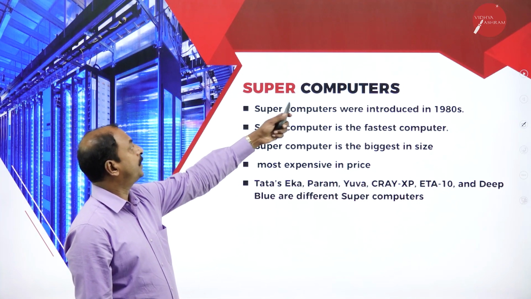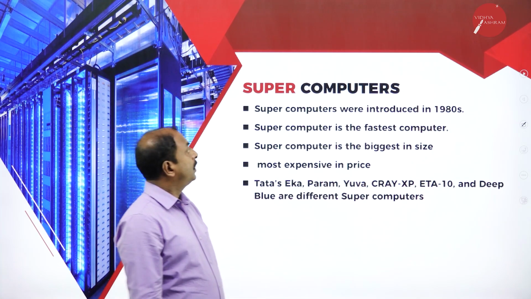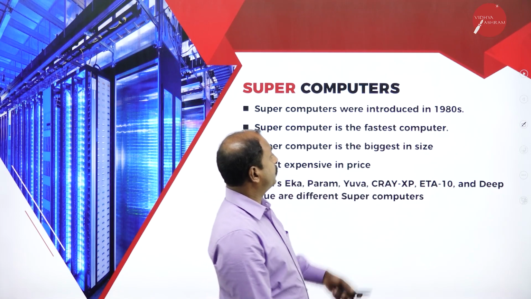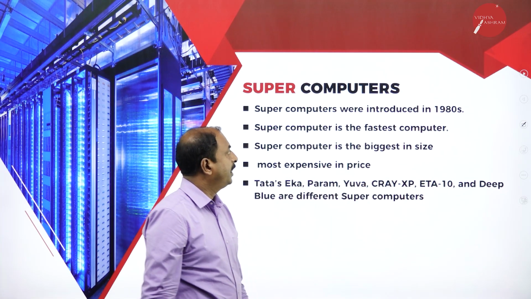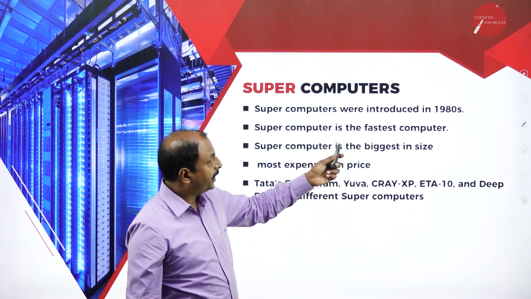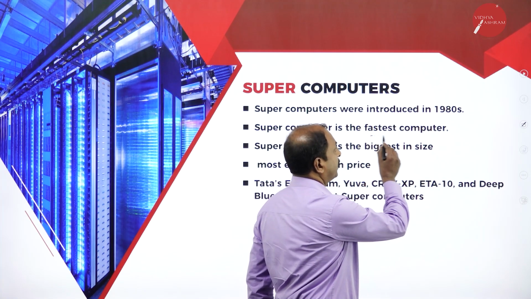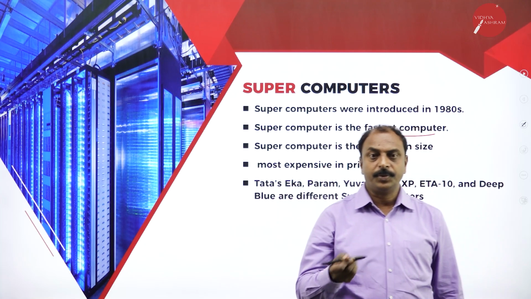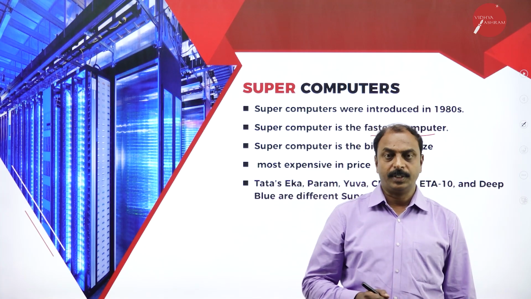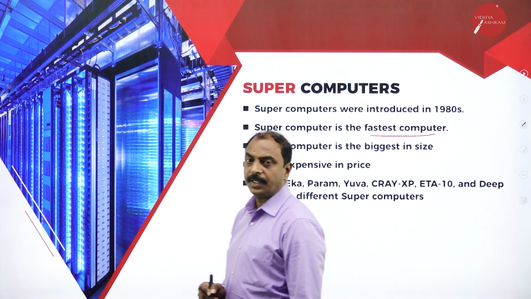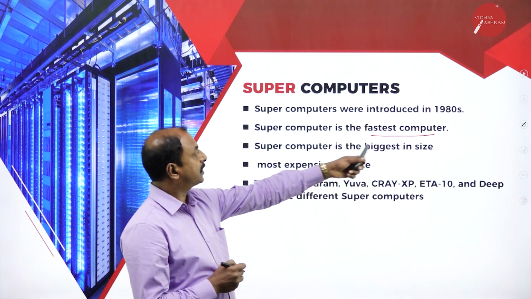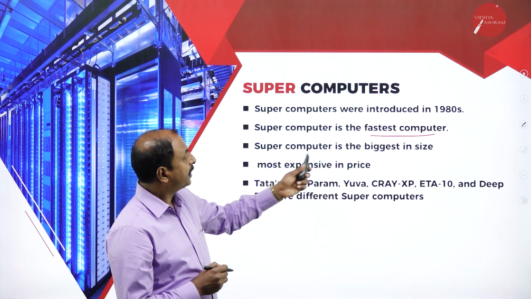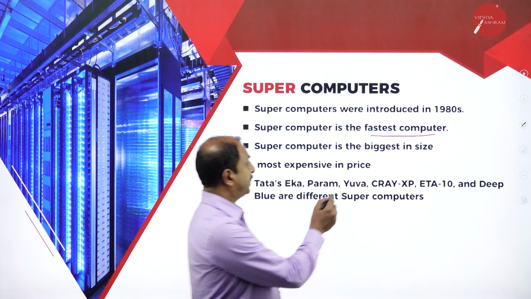This is a supercomputer. Supercomputers were introduced around the 1980s, and the supercomputer is the fastest computer. As of today, if you talk about the fastest computer, that is the supercomputer. It is also the biggest in size.